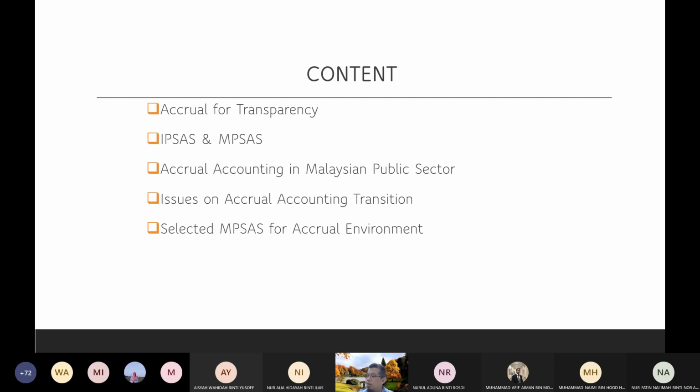From today we look at a general discussion on accrual accounting, and then in the next class, or possibly the next two classes, we'll discuss the specific standards as well as the manual provided by the Accountant General on accrual accounting. So we'll discuss that as well.